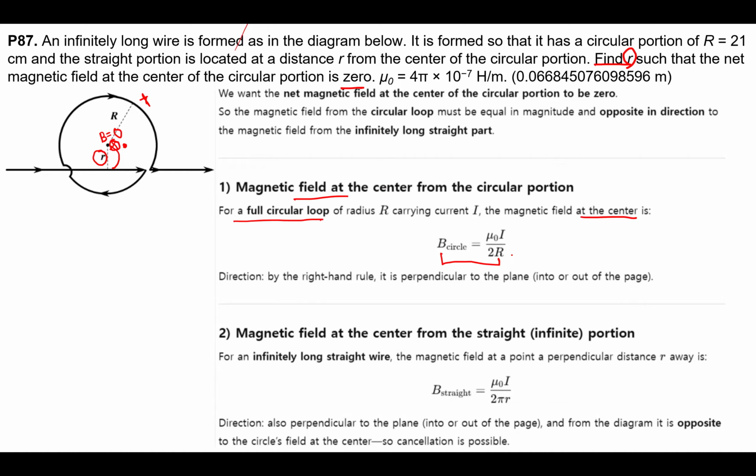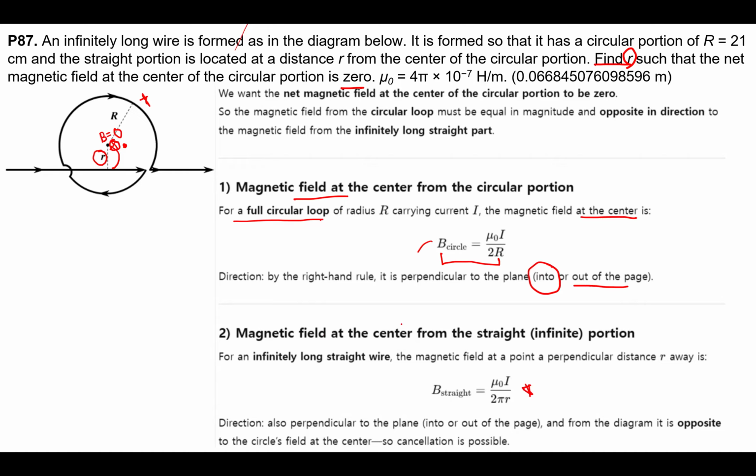We'll be dealing with the magnetic field calculation in our classes. And then the direction is out of the page. I'm sorry, in this case, this is into the page. And the magnetic field at the center from the straight portion is given by this one.